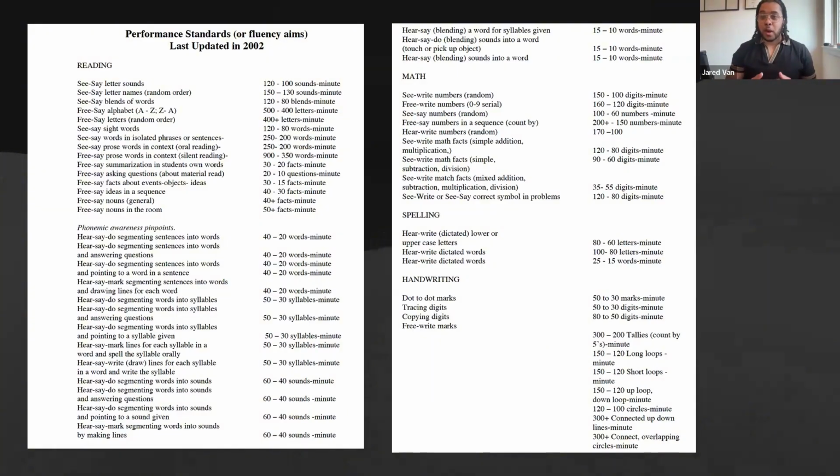Having these fluency aims helps it so that once they're able to see and say letter sounds, they can blend and combine these letter sounds to make words and read words. And if you're not able to reach these fluency aims, you're going to have difficulty going to the next step higher when you're doing the next thing.